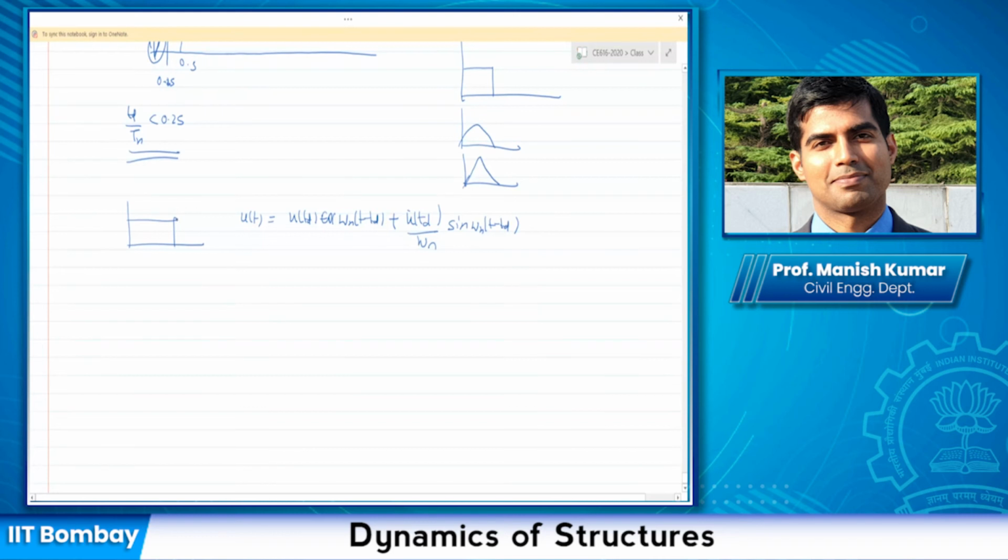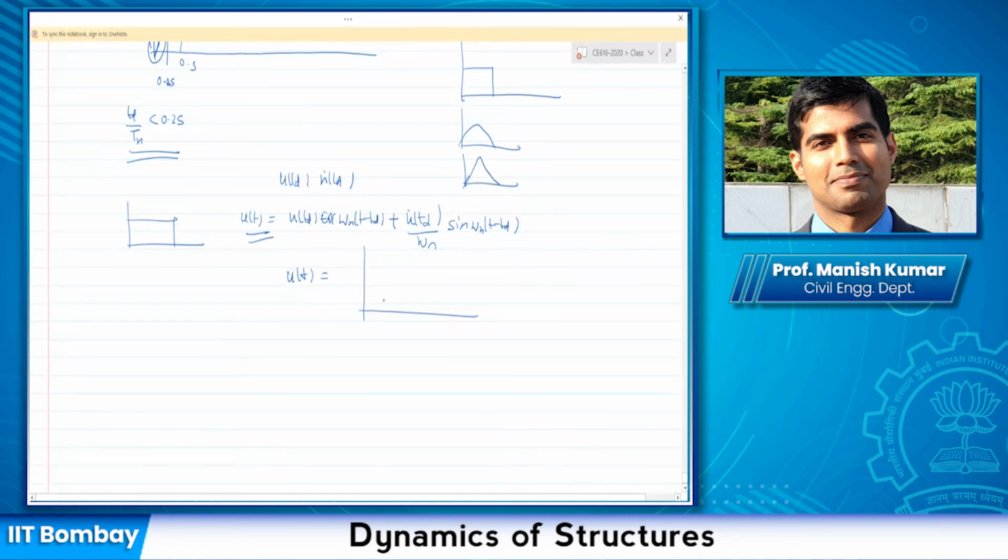And you already have at the end of the free vibration what is u(td) and u̇(td). So remember, we had derived this expression for the rectangular pulses. So use the detailed expression, find out what you get as u(t). You will get some response.